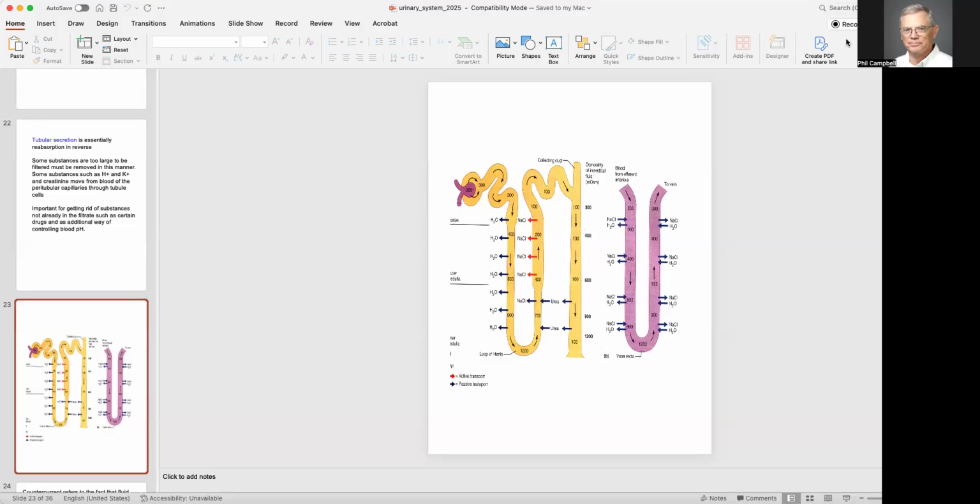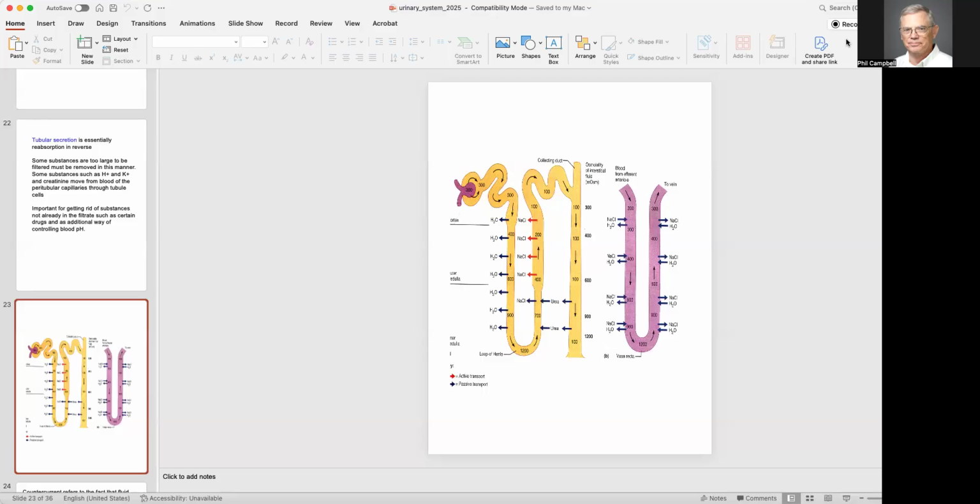However, in the ascending loop, salt is going to be leaving and then water is going back. And so water is getting returned during the ascending part. All right. So this is what's happening with the juxtamedullary nephron in respect to the vasa recta.